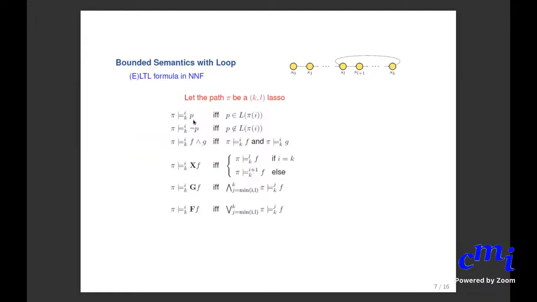So yeah, you start with the simplest atomic predicate of LTL, which is just a predicate.